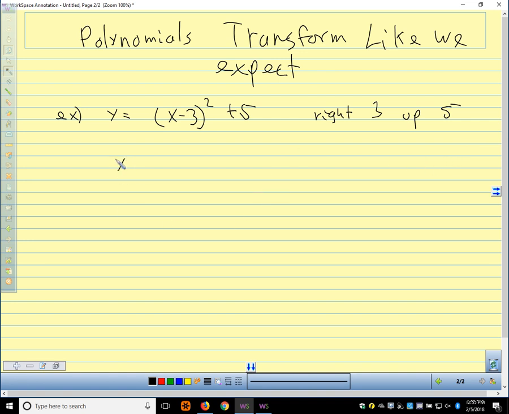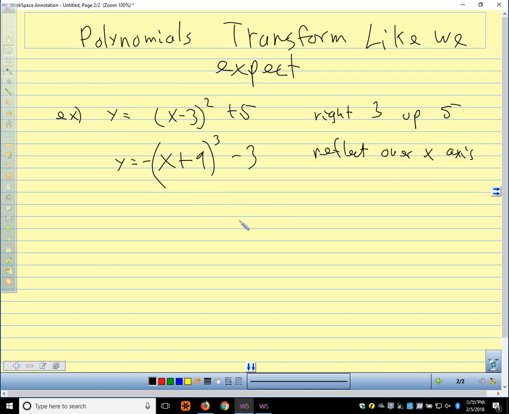If we had y equals negative (x plus 9) cubed minus 3, how is the graph of this thing going to compare to y equals x to the third? This negative is going to make it reflect over the x-axis.